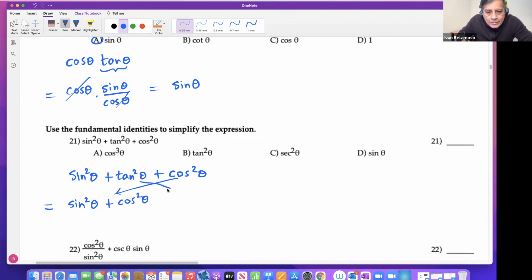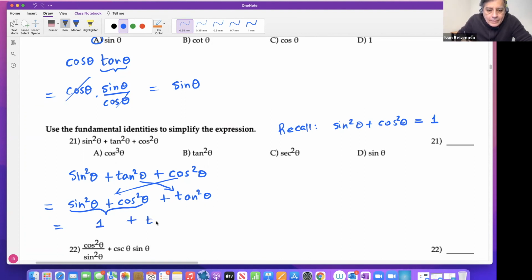Remember, the order of the addends does not change the sum, so I can always rearrange the addends, right? Cosine squared here, tangent squared here, and you may say, Professor, why are you doing this? Well, because recall, sine squared of theta plus cosine squared of theta, according to the Pythagorean identity, is just 1, right? 1. So my intention is to replace this with a 1.